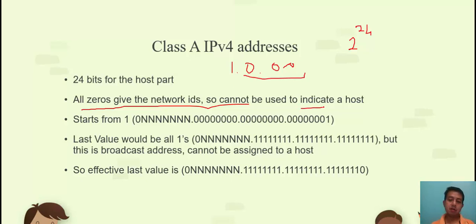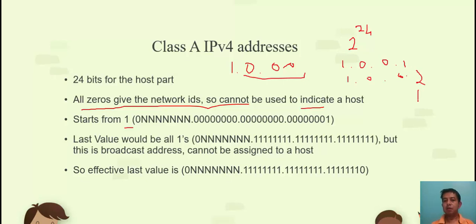The first computer connected in this network has to start from the number 1. Say I have bought the first address 1.0.0.0. I connect the first computer, so the IP address of my first computer becomes 1.0.0.1. Clear? What will be the IP address of my next computer? 1.0.0.2.